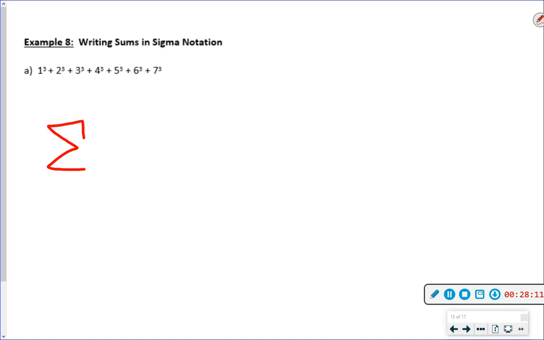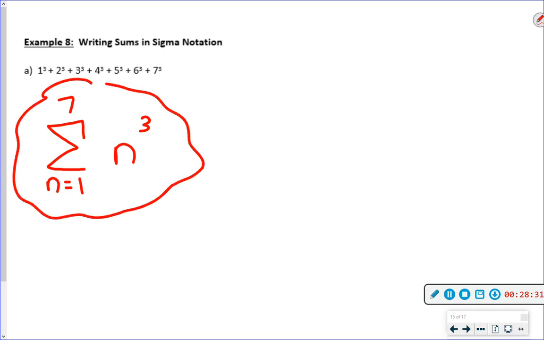We've seen it all. I'm going to do n to the 3rd power. We're clearly starting with a 1, and you're ending at what number? 7 is your upper limit. So 1 cubed, 2 cubed, 3 cubed, 4 cubed, 5, 6, 7 cubed. Add them up. That's what we got. I love this stuff. Well, except I can't draw the sigma.